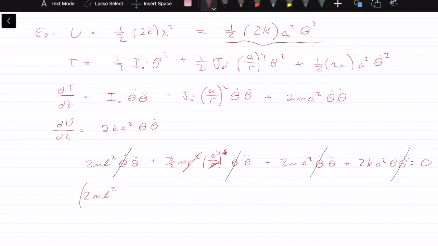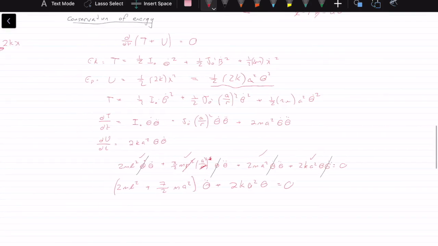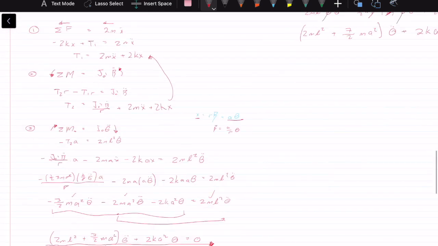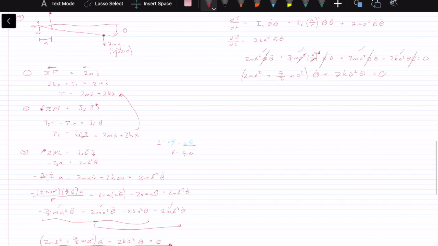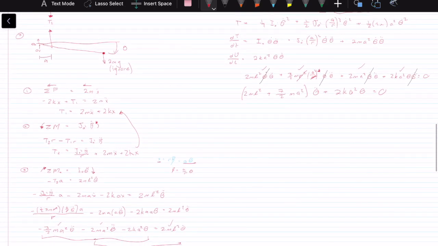So we're left with 7 over 2 m a squared theta double dot plus 2k a squared theta is equal to 0. Let us compare this to Newton's method, and look, there we go. These solutions are exactly the same.